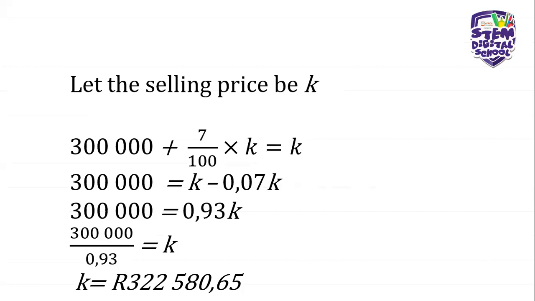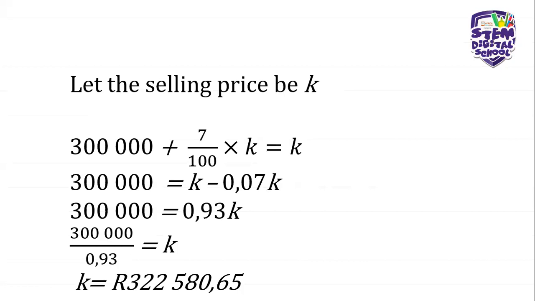So this means that the commission that will be made by the estate agent in this case will be 22,580 rands and 65 cents. And this will be the commission of the estate agent.